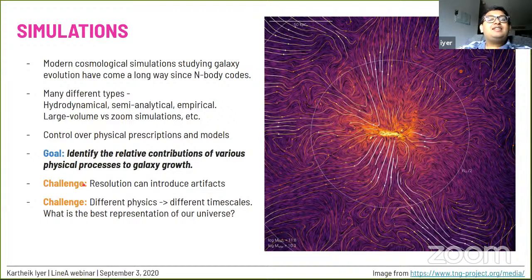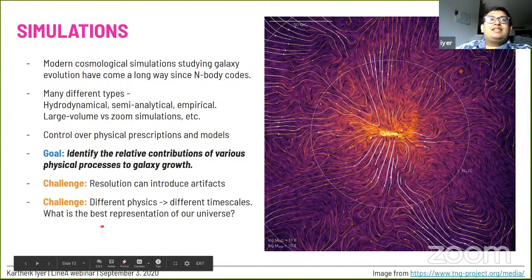But there are two challenges in using simulations to directly do this. The first is that the fact that simulations have finite resolution. In terms of the large scale hydrodynamical simulation, for example, they have discrete star particles because you cannot go below a certain scale. This can introduce artifacts in the analysis that we do.